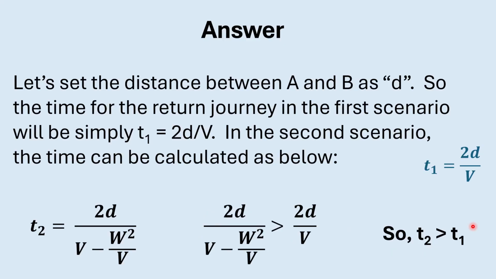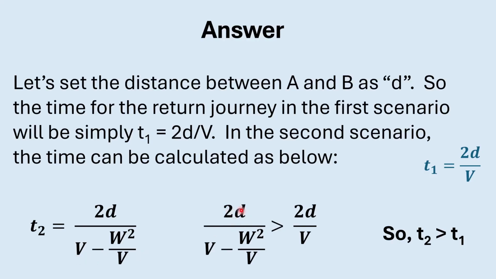Firstly, you have to agree with me. Since the speed of wind w and the speed of the aeroplane v are both positive values, no matter what values they have taken, this expression w squared divided by v must be a positive value, and v minus a positive value must be smaller than v itself.